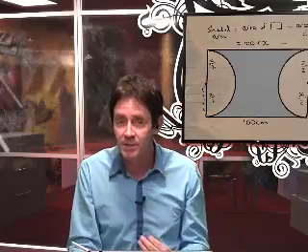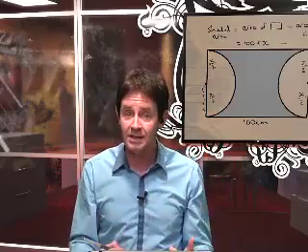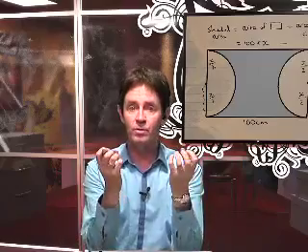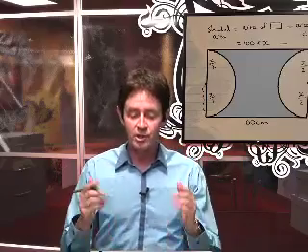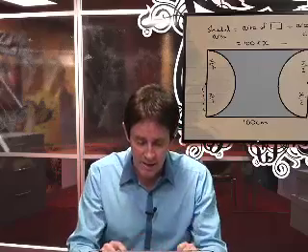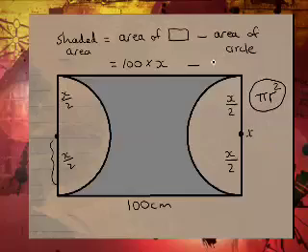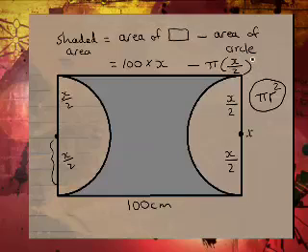What's the area of a semicircle? Pi r squared divided by 2. But because we've got two equal half circles, we put them together and we've got a full circle. So we're going to say the full rectangle here, subtract pi r squared, which is pi. The radius is x over 2, and we square. Okay, so that's an important principle that we need there.